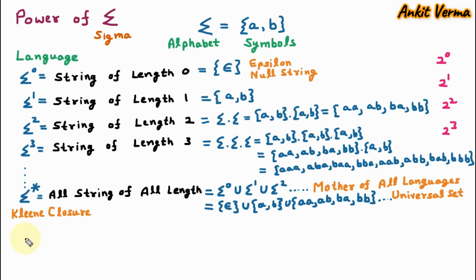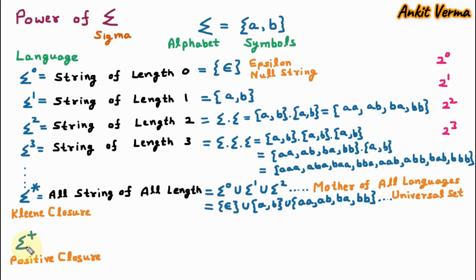The next thing is sigma plus. This is called positive closure. Here in sigma star, which is Kleene closure, we have observed that it is the mother of all languages and the universal set. That means it contains all the strings of all lengths, including the null string which is epsilon.